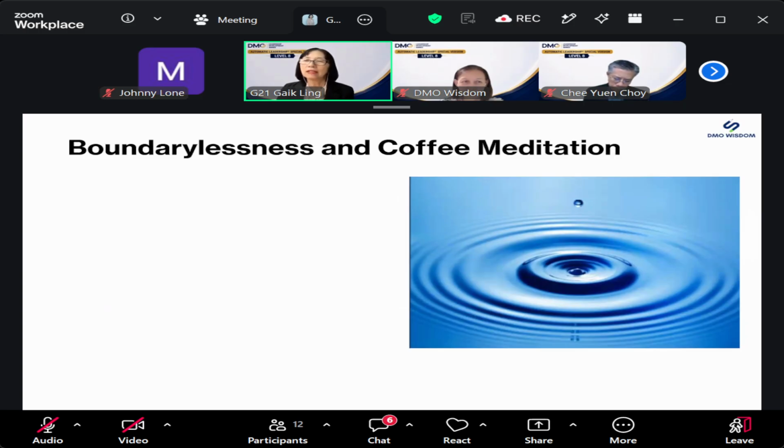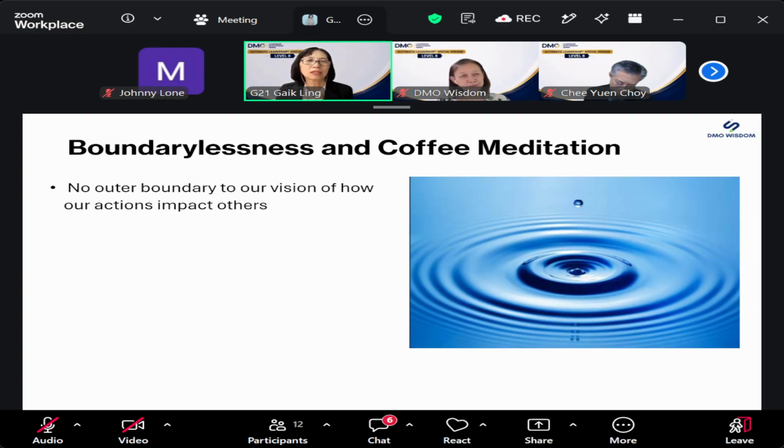When we do our coffee meditation, after we set our intention, we also need to coffee meditate. This way of coffee meditation is going to make our seed stronger and bigger. How do we do it? We want to visualize the impact of our 4 steps. How many people can benefit from it?